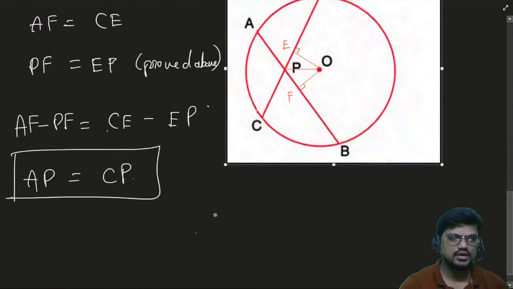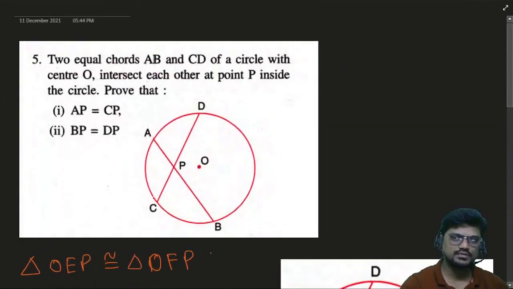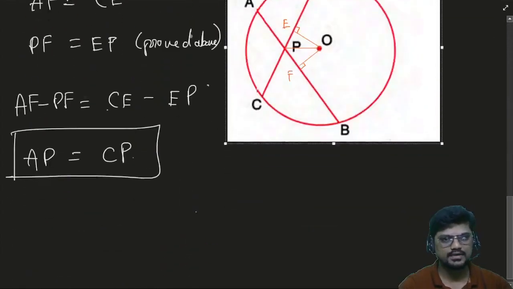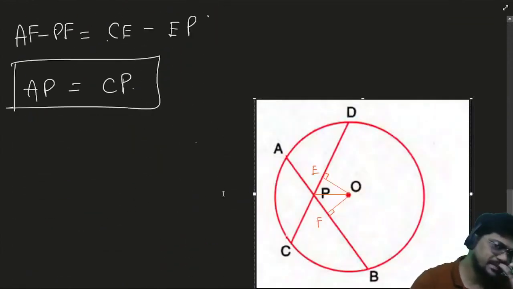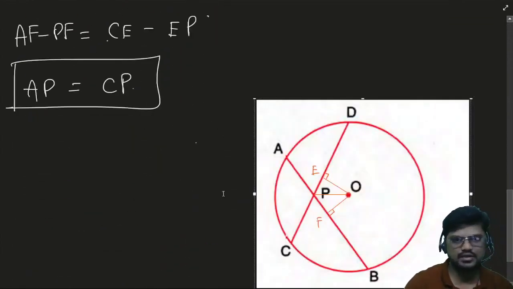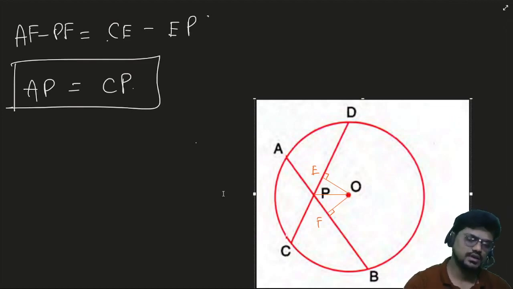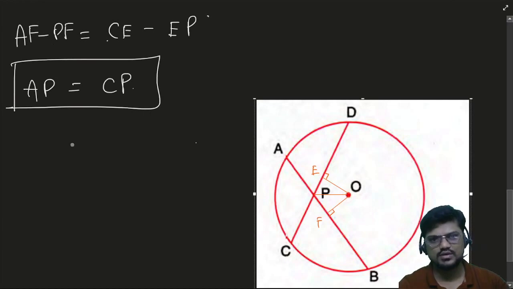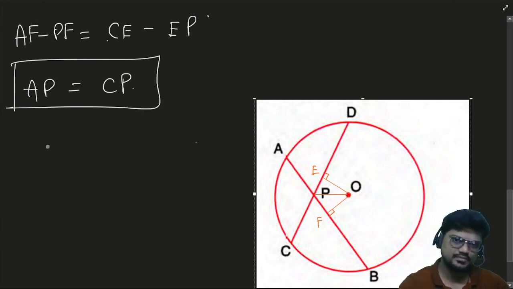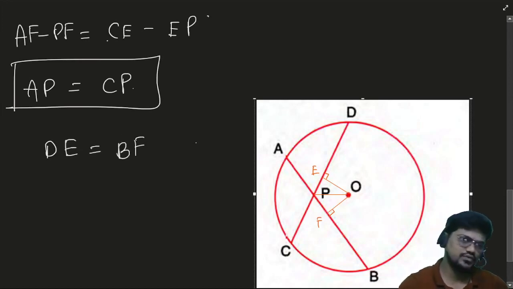The next one is you need to prove that BP is equal to DP. Now what do you need to prove? DP is equal to BP, we need to prove. Again the same thing. We know that DE is equal to BF. They are also the half of chords.